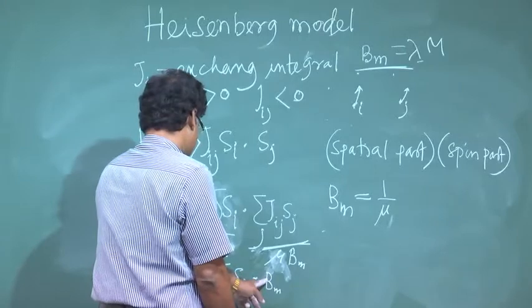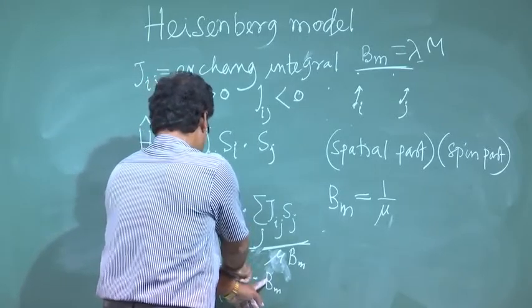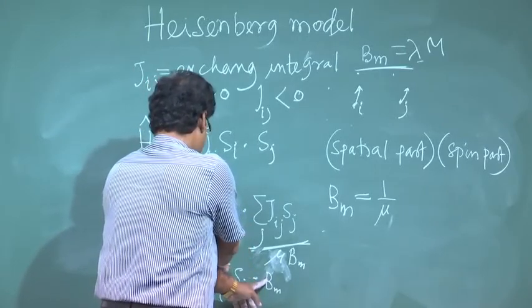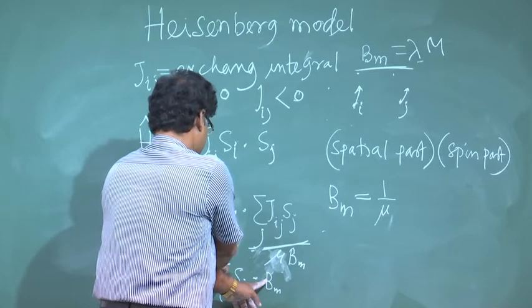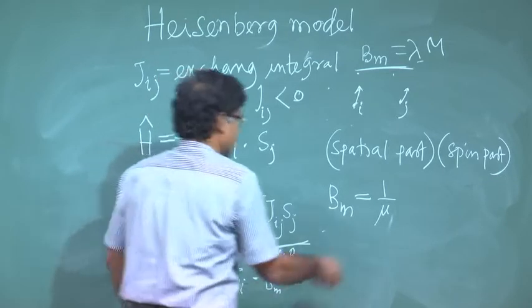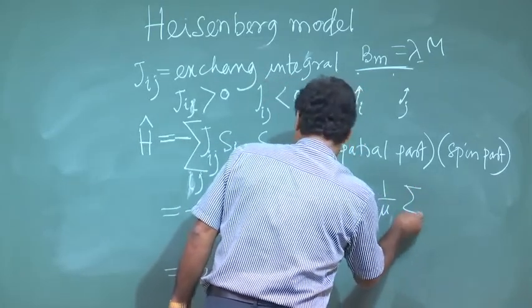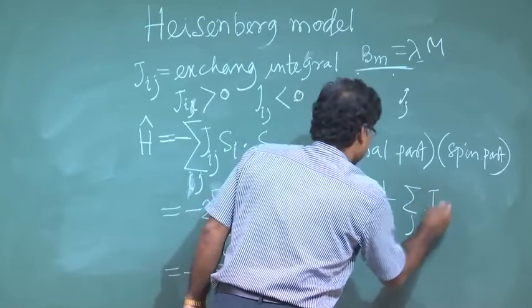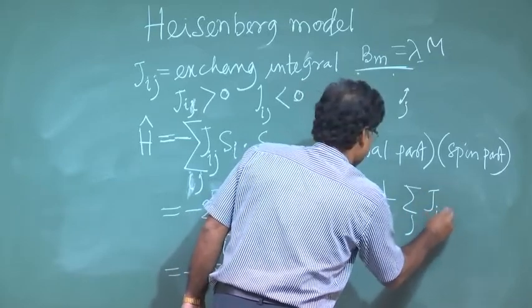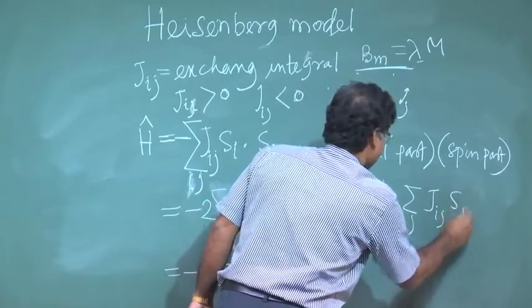This will be equal to, this is the same. So mu are there. So, sum over j, J I j, S g.